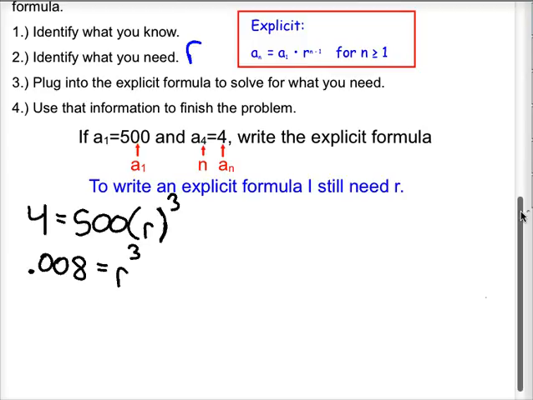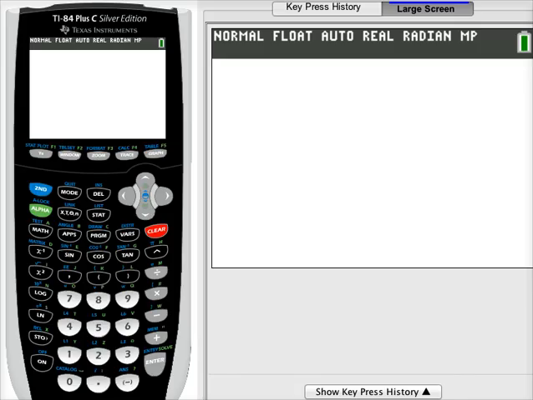All right, now to undo a cube, that is a cube root. So let me show you how to cube root this. Okay, so go into your calculator. To get to the cube root, so just like a square root undoes a square, a cube root undoes a cube.